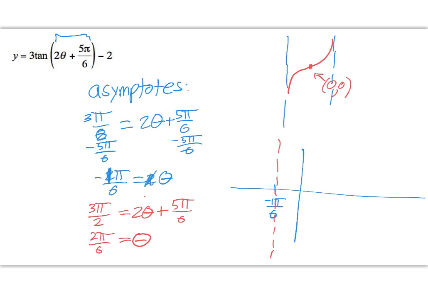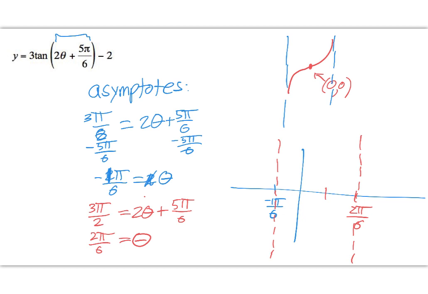I'm going to leave that unreduced so we can keep things in the same kind of form there. And if I keep my spacing somewhat equivalent, we end up with 2 pi over 6 as our second vertical asymptote. If you're so inclined, you could go one step further and add a third asymptote, but I'm just going to leave this as is.